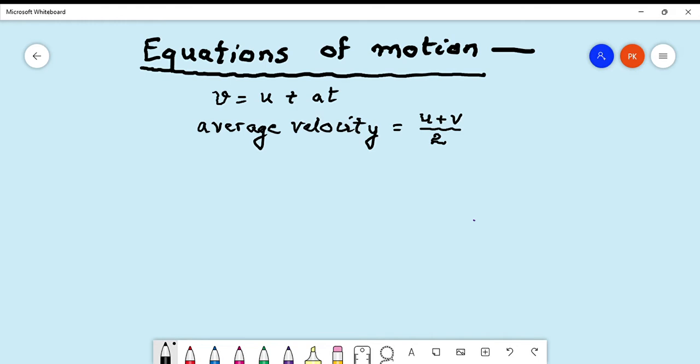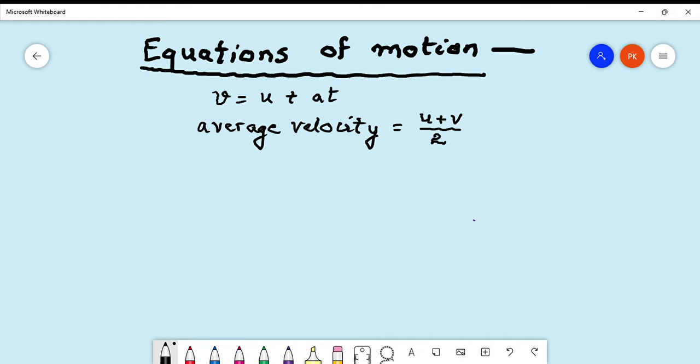What does the average velocity tell you? The average velocity gives the idea of the complete journey. Throughout the journey, on an average, with what velocity the particle has traveled.